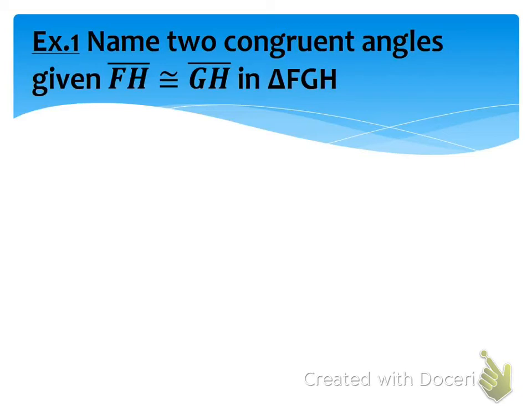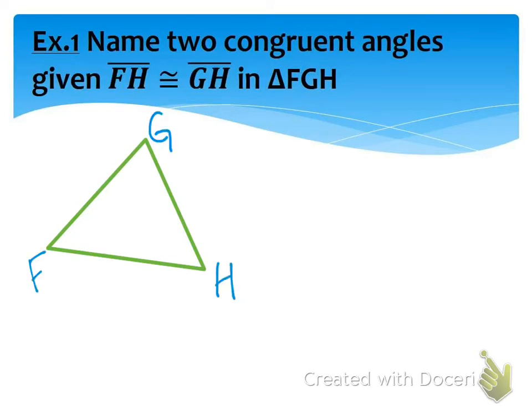Name two congruent angles given that FH is congruent to GH in triangle FGH. It might help to draw a triangle FGH. It's not entirely necessary, but it might help us to. They said sides FH and GH are congruent, so I'll mark those.